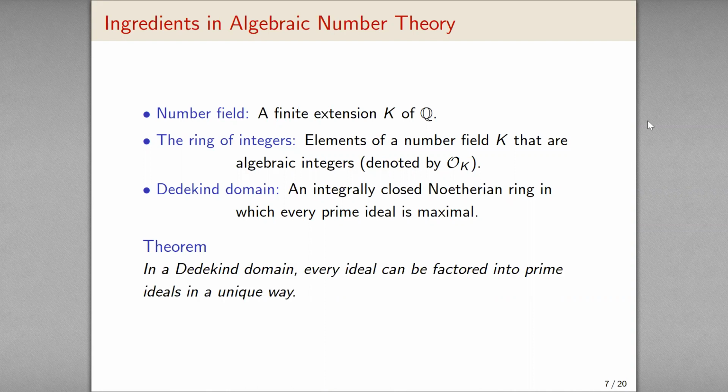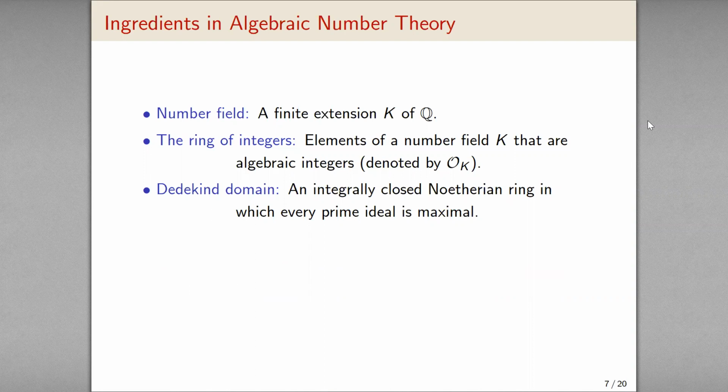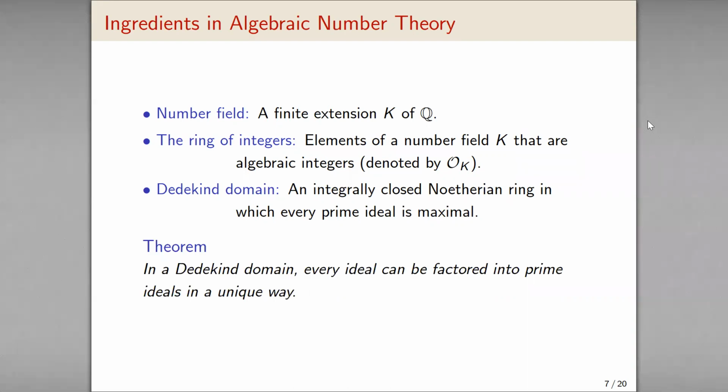Actually, before this, one example of Dedekind domains comes from the ring of integers. We know that the ring of integers of every number field is a Dedekind domain. One interesting property of Dedekind domains is that every ideal in a Dedekind domain can be factored into prime ideals in a unique way after permutation.